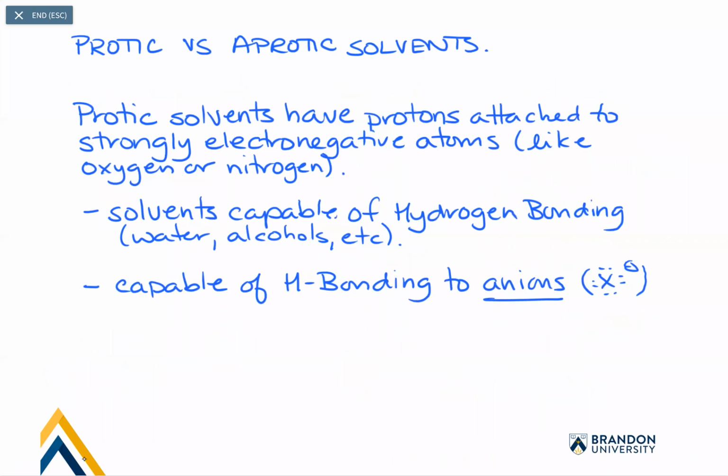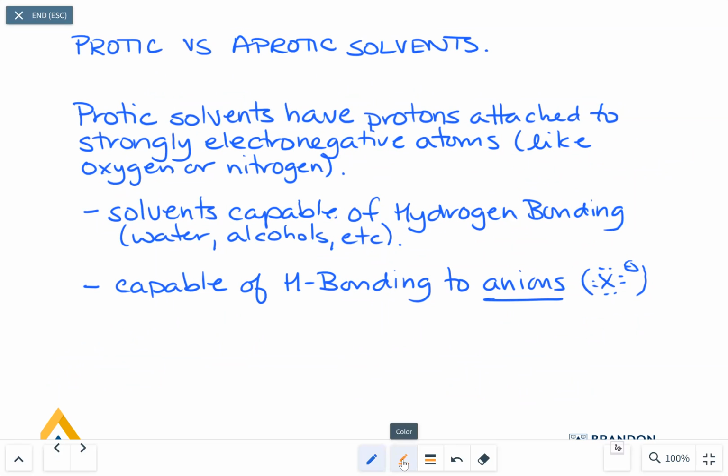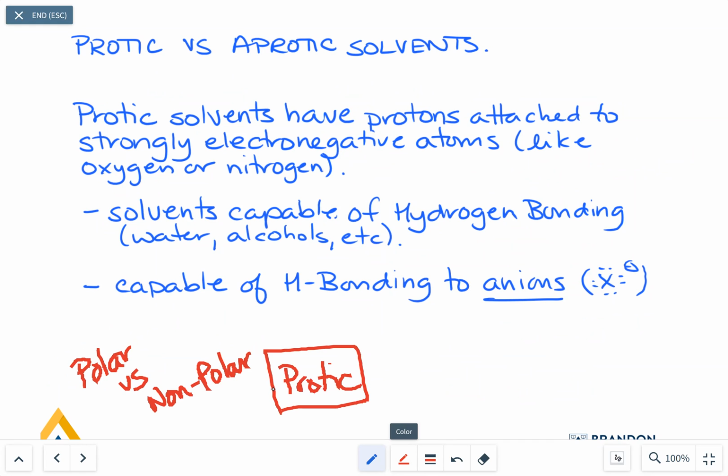Next one. Now, the next part though is, there was polar versus non-polar, and the other part was whether it was protic or not. So protic versus aprotic solvents. This is a very simple one here.